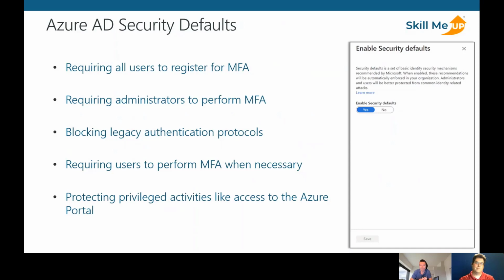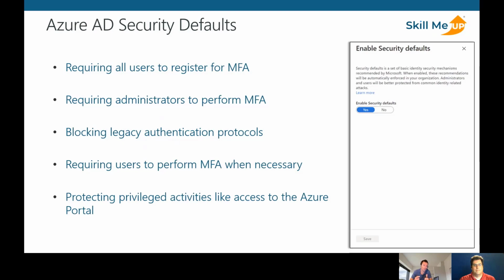So I think you now can already see that managing identity security for your Azure environment and your other Microsoft Online Service environments can be difficult. Luckily, you can now simply enable Azure AD security defaults, which makes it easier to help protect from identity-related attacks with pre-configured security settings recommended by Microsoft.